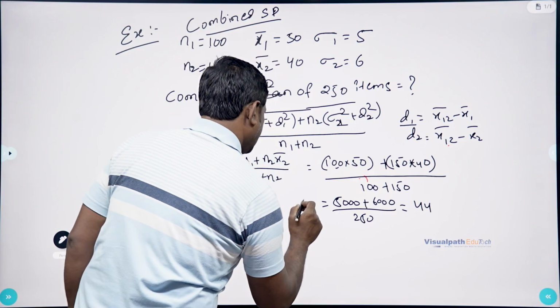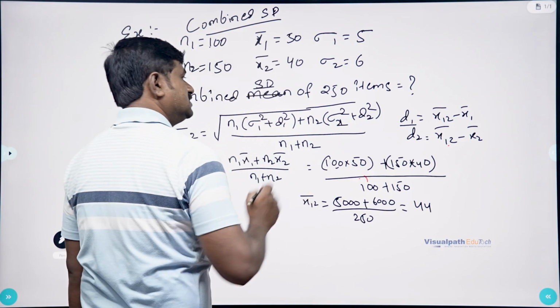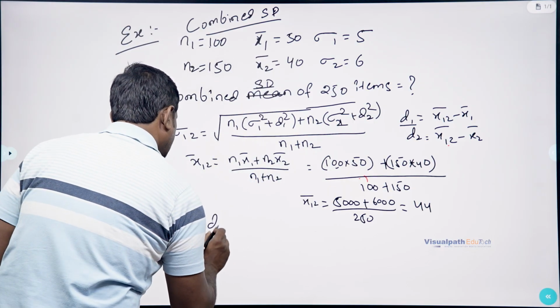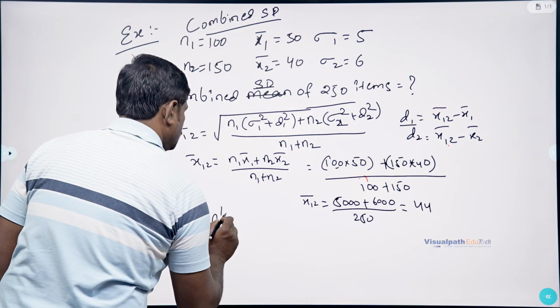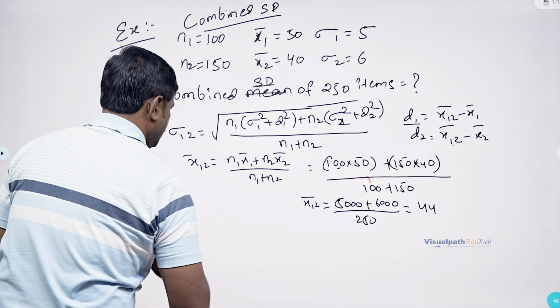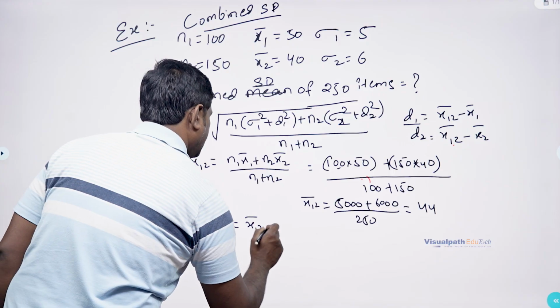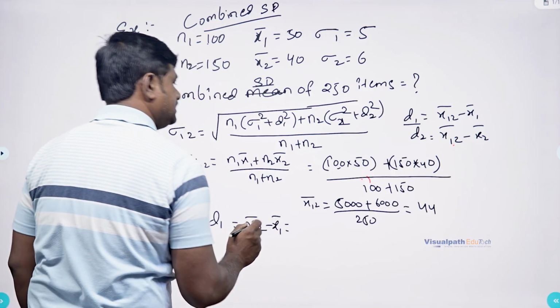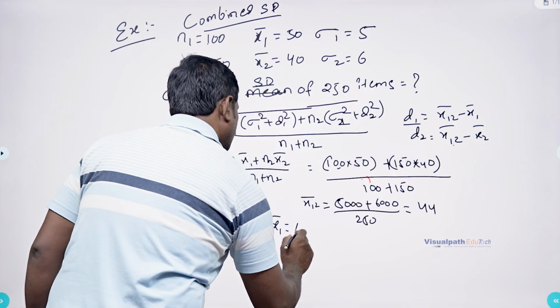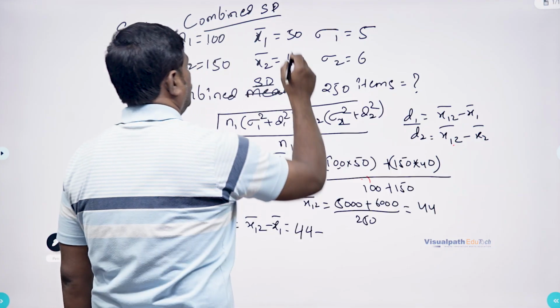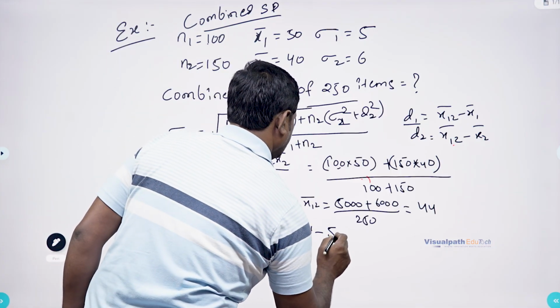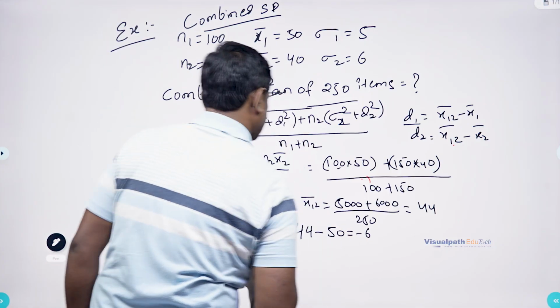This is x12 bar. Similarly, d1 is equal to x12 bar minus x1 bar, that is 44 minus 50, which is minus 6.